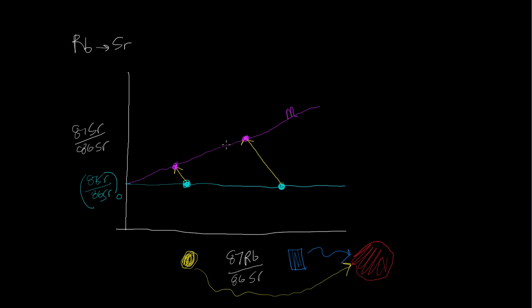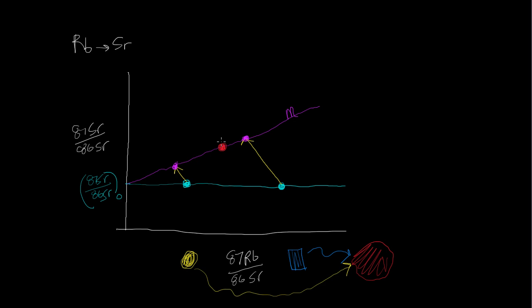When that happens, we will no longer have two distinct compositions, but only one composition corresponding to the isotopic composition of the magma. And that magma, which is a mixture of these two purple dots, will have to lie somewhere along this line, with a location that depends on the relative proportions of the blue and yellow mineral. Let's just say, for the sake of argument, that it lies over here.